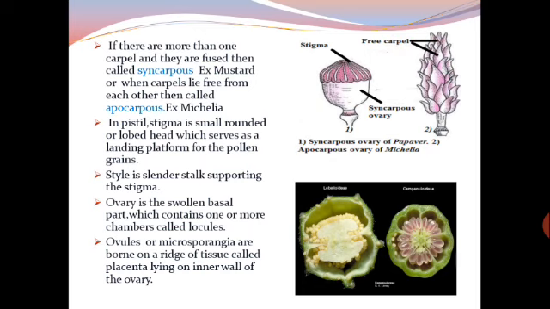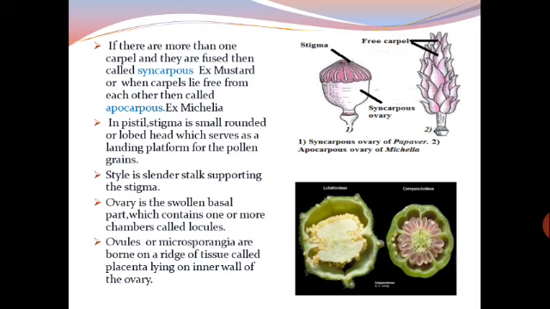So it is the part of the gynoecium which receives the pollen grain. Style is a slender stalk supporting the stigma. It is the elongated slender part present beneath the stigma.